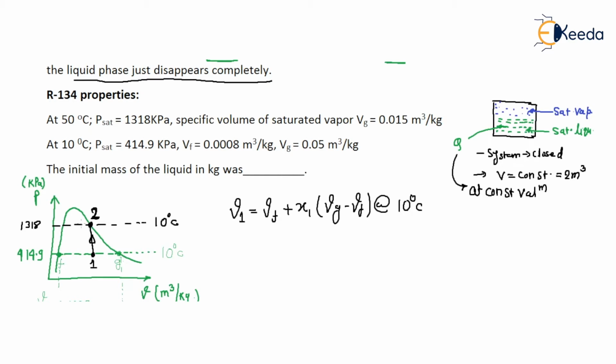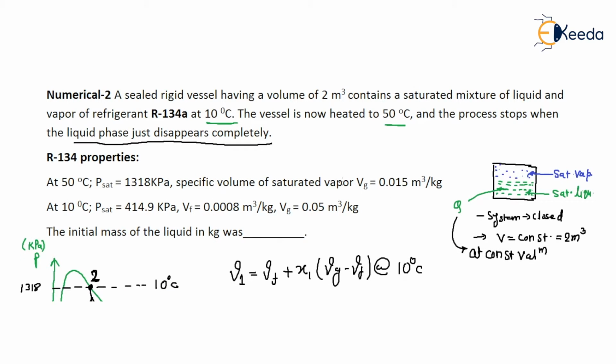So what is the volume at point 2? At this point, V2 is equal to Vg, which is 0.05 meter cube per kg.